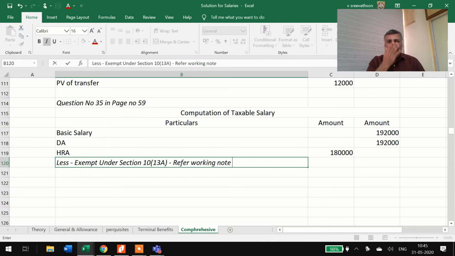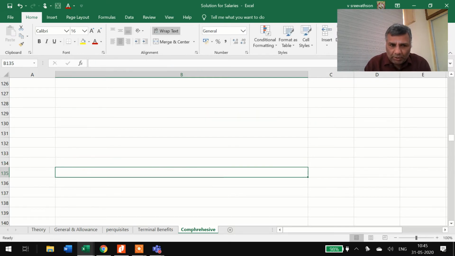Refer working note. Leave one full side, maybe 3/4 of a side is enough, but on a safer note, leave one full side. Wherever you are in the notebook, leave one side and come to the working note for HRA.